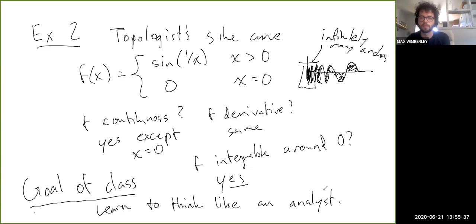You want to learn to think like them about functions, because analysts are very good at understanding complicated functions and doing estimation. We'll do a lot of learning how to estimate things and approximate things, and that is how we get to deal with very difficult pathological functions. These will continue to pop up in the class. So anyway, that's my outline of the point of the class and where we're heading. I hope it helps, and I'll see you guys in the next video.